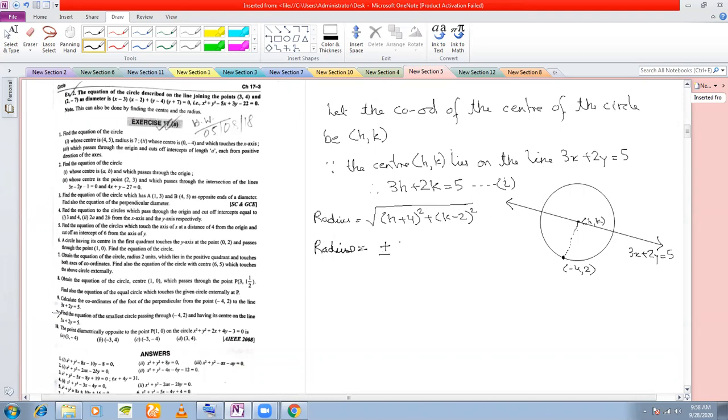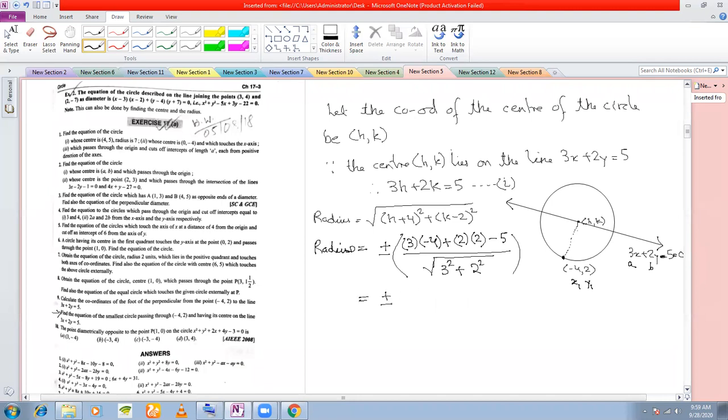You take plus or minus (ax1 + by1 + c) divided by root over of (a square plus b square). Here a is 3, b is 2, and c is minus 5, because you can write this as 3x + 2y - 5 = 0. So it is 3 into x1 plus 2 into y1 minus 5, divided by root over of 3 square plus 2 square.